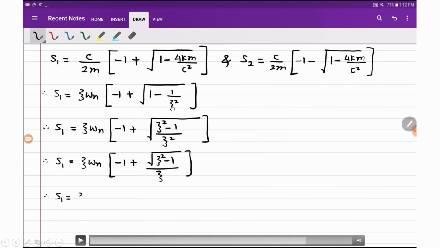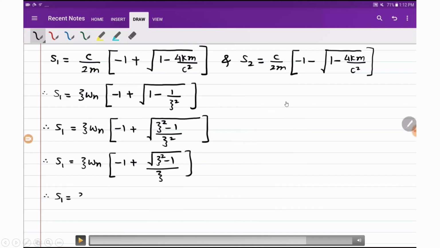So here cross multiply by this zeta square over here. So it is zeta square multiplied by 1, that is zeta square minus 1 upon zeta square. Square root of zeta square is zeta. So in the numerator we have square root of zeta square minus 1. So we are considering only this part of S1.